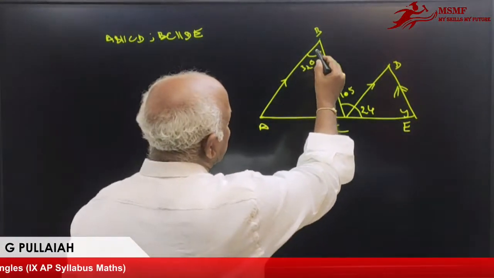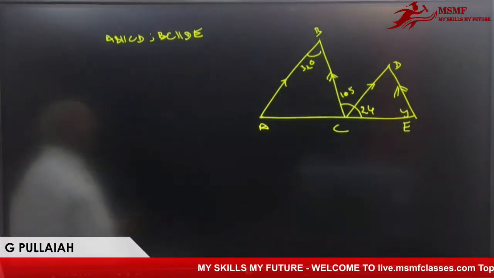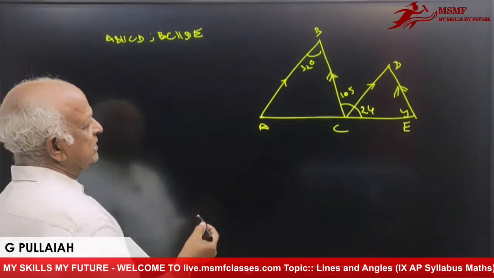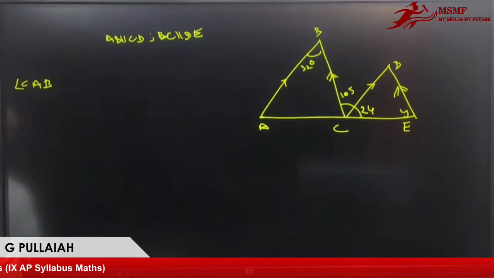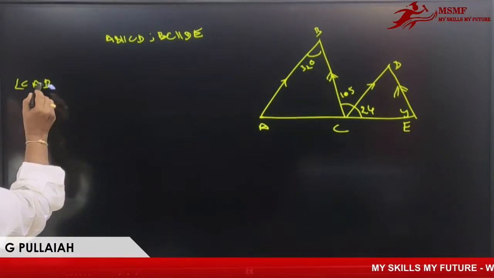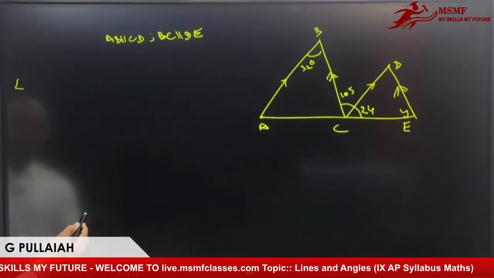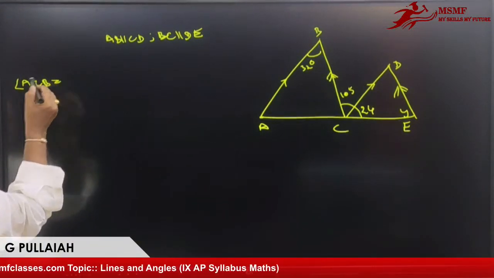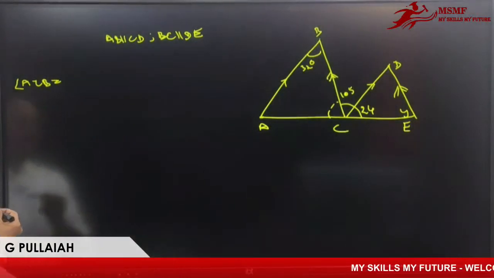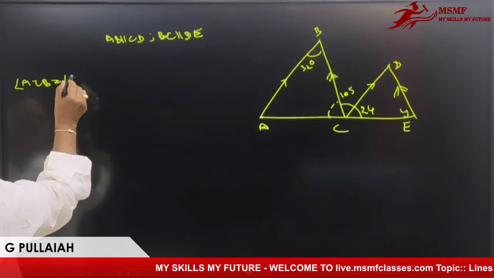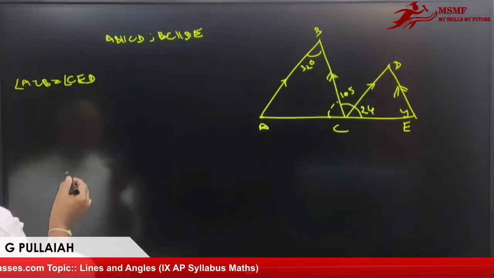If DE is parallel to BC, now you can say that angle ACB is equal to angle CED. Angle ACB is equal to angle CED, that is equal to y.